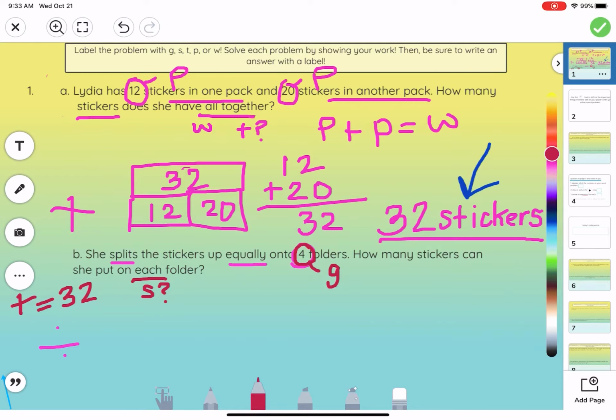So what I'm going to stop and look at is that I do know my total and I know my groups. And I know that anytime I have T and G, I do T divided by G. So I would be doing 32 divided by 4.